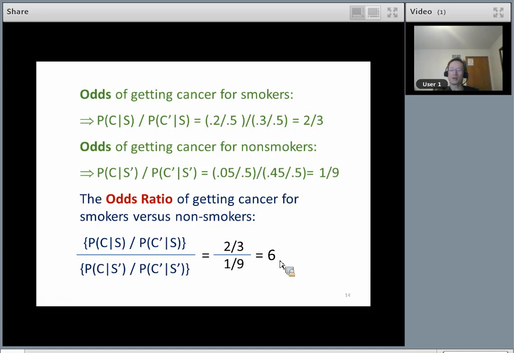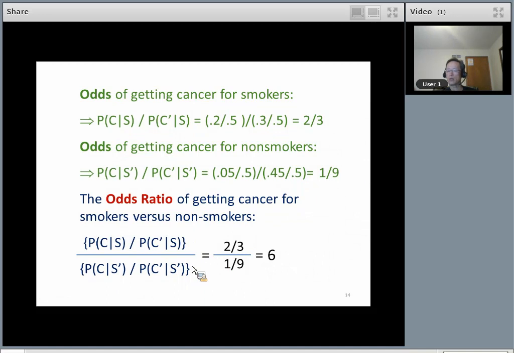So be careful. When you're interpreting the odds ratio, you don't want to do the same thing as the way you interpret the relative risk. You don't want to say that the chance of getting disease for a smoker is 6 times higher than the chance for a non-smoker. It's not 6 times. The odds is 6 times, but not the chance. When we talk about chance, we usually mean probability.